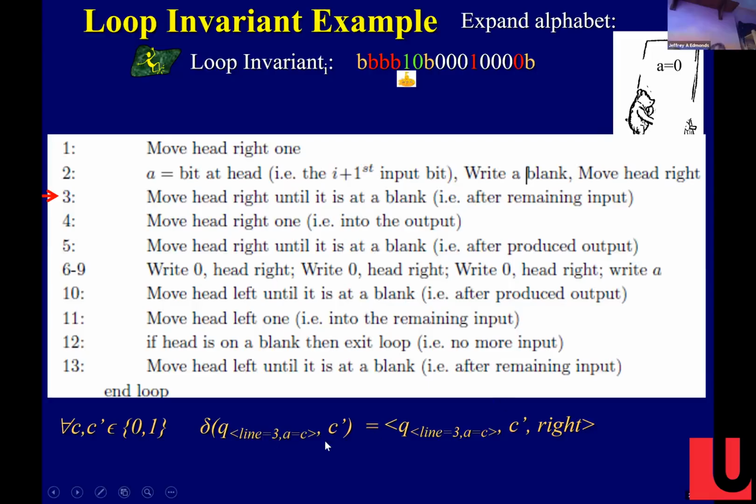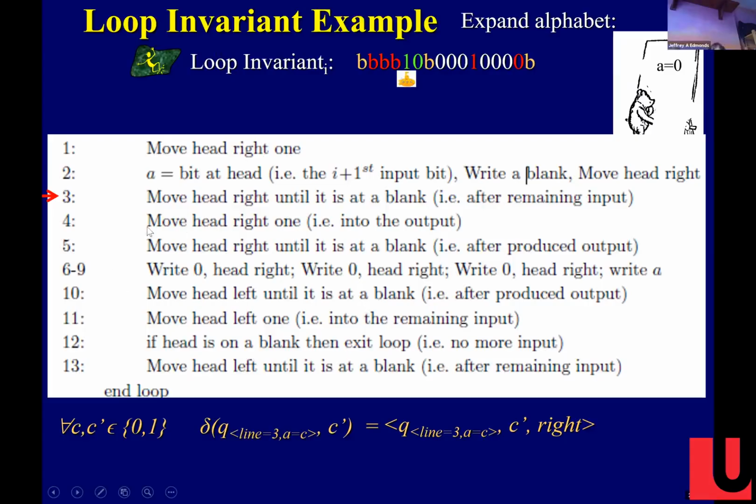People following this? Let me go over it again. Suppose I'm in line 3. And what's true in line 3? What's true in line 3 is I had some variables saved. How do I know that? Well, because I started with the loop invariant and I've been following the code.